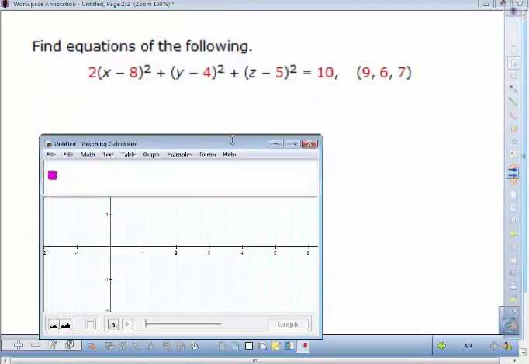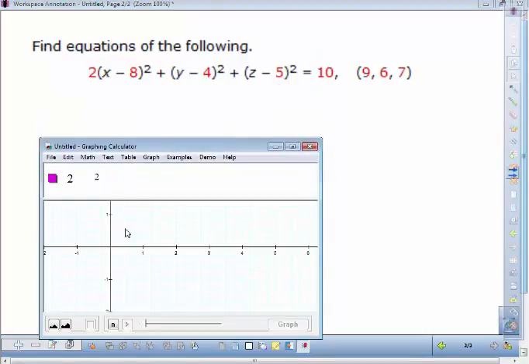So if I were to graph this: (x minus 8) squared plus (y minus 4) squared plus (z minus 5) squared equals 10.